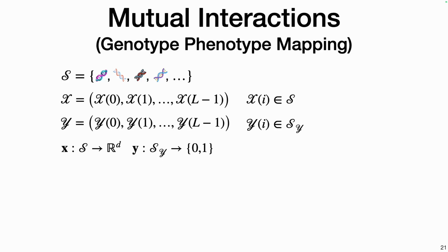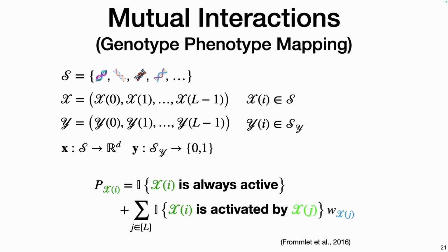And in a simplistic setting, we can write activeness levels of an allele as this function you see here. Here, p of xi captures the activeness of the gene at position i. In plain English, the task here is representing the activeness of some alleles by looking at the DNA sequence, and this is an example of mutual interaction.